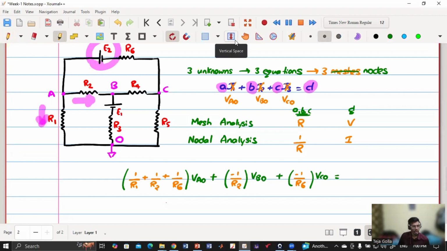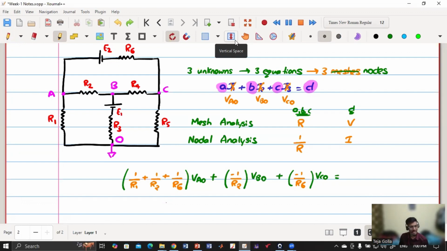So now what you have to do is first identify what are the voltage sources that are connected to that particular terminal. After that, say here E2 is connected. So the value of the current will be the voltage in that branch by the resistance in that branch.